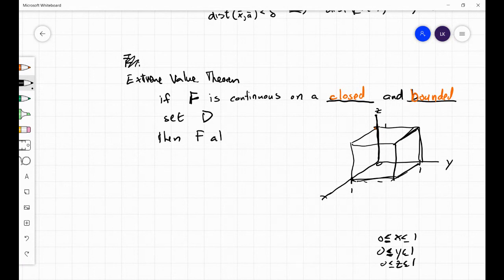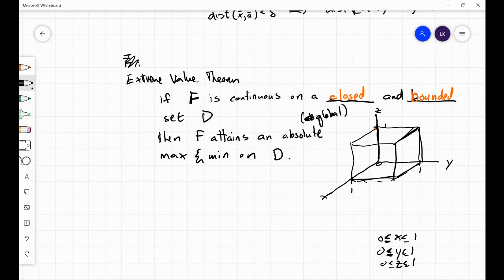F attains an absolute max and minimum value on this closed and bounded region. Instead of absolute, as you said, global is another way of saying it, because it happens on the cube.